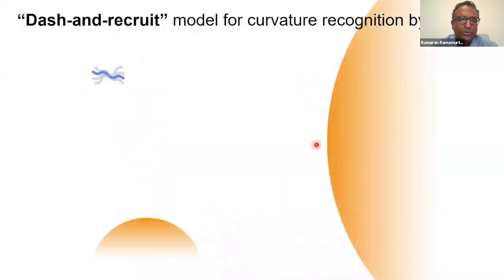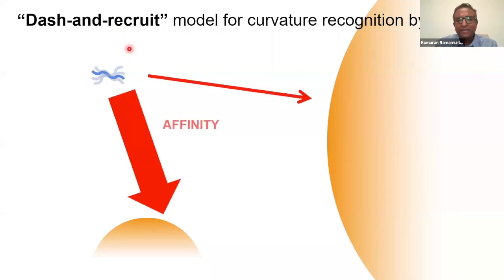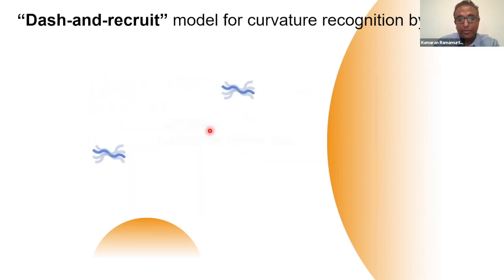So taking all this together, we've come up with what we call a dash and recruit model for curvature recognition by SpoVM. So in this model, the protein, which is normally disordered when it's in solution, binds onto the differently curved membranes. And this we think is primarily dictated by an intrinsic affinity difference dictated by a longer residence time for the protein on more curved surfaces.